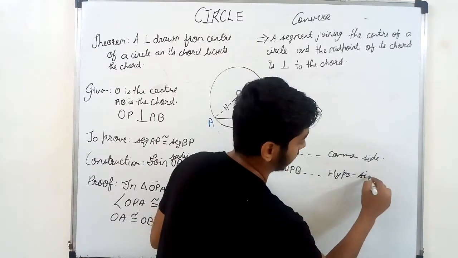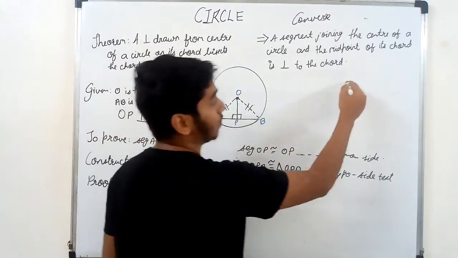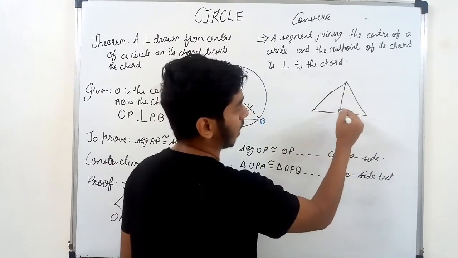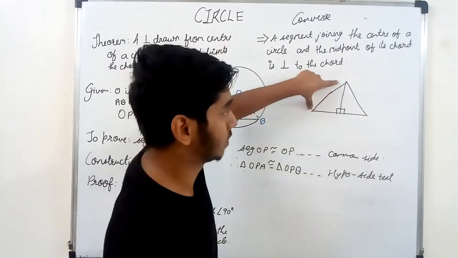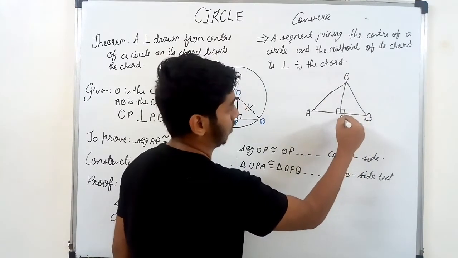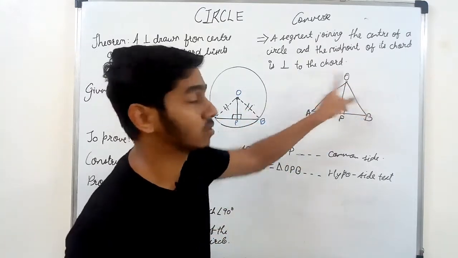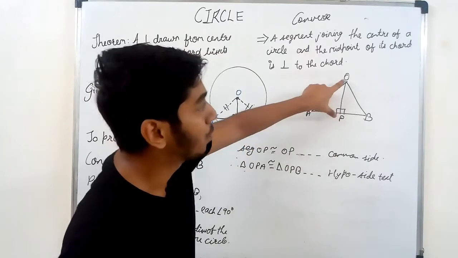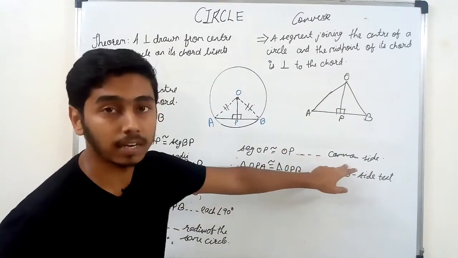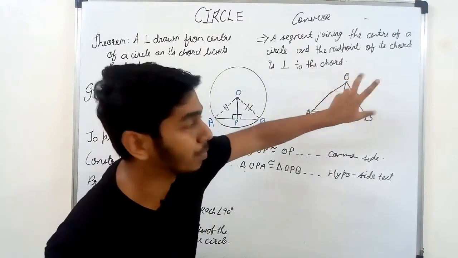hypotenuse side test. Now if you remember the hypotenuse side test, it says that if you have two triangles and there is a hypotenuse here, AOB and this is P. So if OA and OB are the same, that is the hypotenuse is congruent, and OP is congruent to OP itself, there is one side which is the common side, and by radius of the same circle, the hypotenuse is congruent, OA and OB.